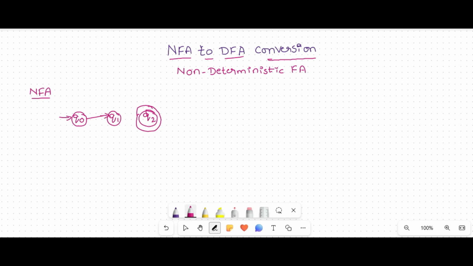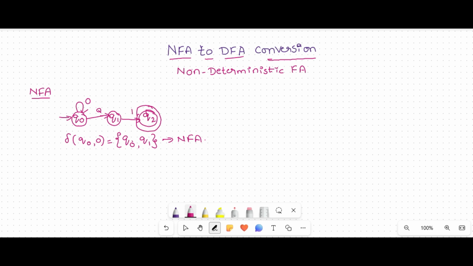Q0 to, suppose here it is 0, here it is 1, again here it is 0. If you observe Q0 with 0, it is going to two states, Q0 and Q1. For a single state, for a single input, if it is going to more than one state, then we can identify that as non-deterministic finite automata.